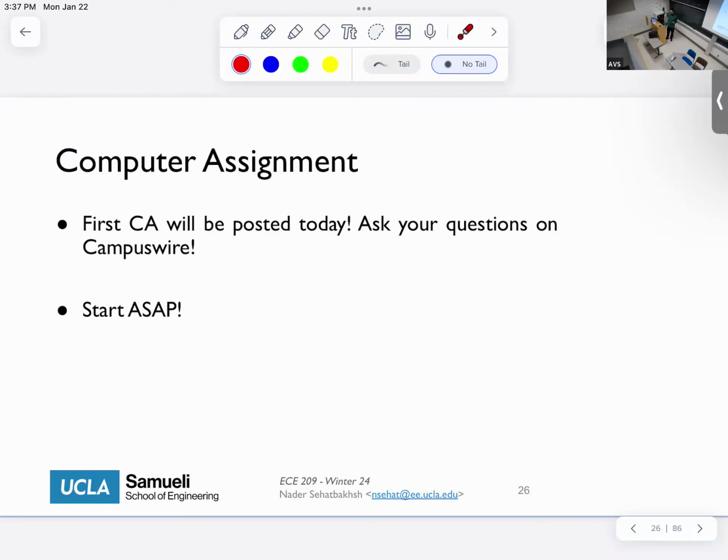We're going to give you a Jupyter notebook, and you have to go through different steps, like the basics of a simple encryption, then attacking that encryption, doing some hashing, stuff like that. Okay. And if you have questions about the computer assignments, one thing you could do is ask on CampusWire. Use CampusWire to ask questions about lectures and about the projects. Make it interactive.